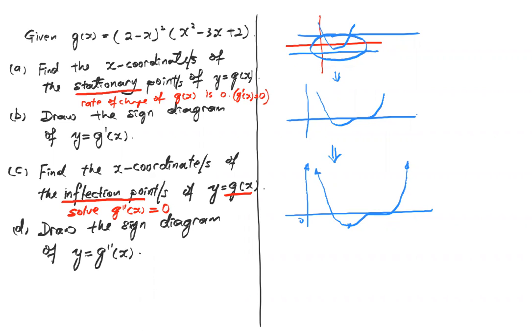Am I right? Can you find the coordinate of the turning point here? Second trace. Tell me what is coordinate A. Is it 1.25?